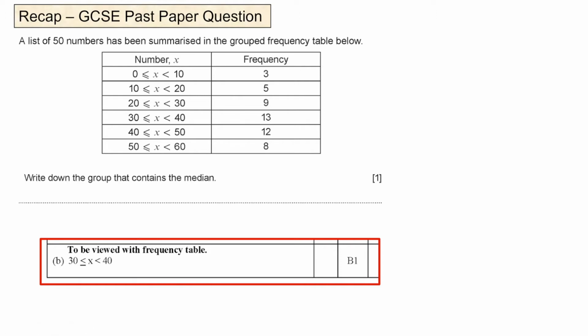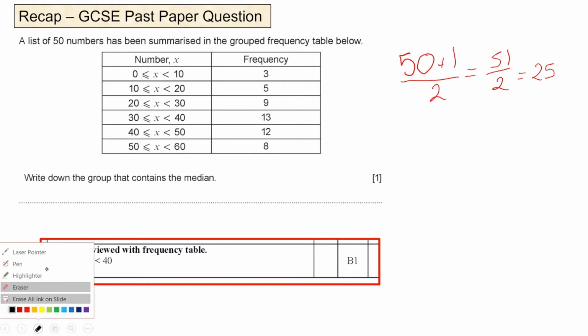If we go through how you got that: the first step is to find the total frequency, which is 50, add 1 onto it, and then half it. That would be 51 divided by 2, which is 25.5. So 25.5 is where the middle term is.